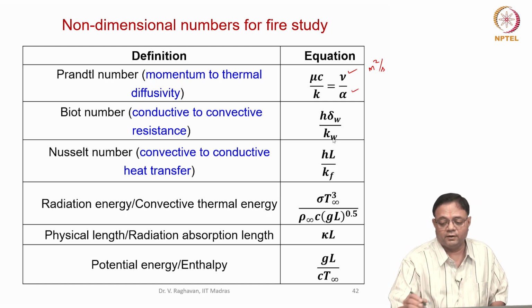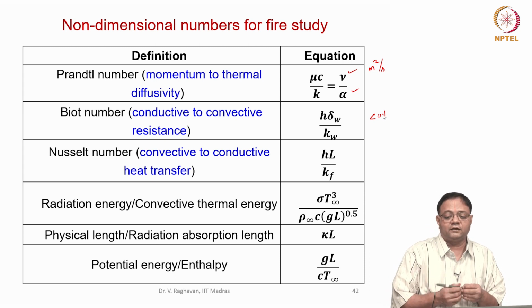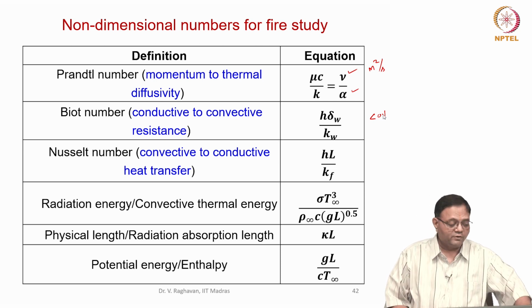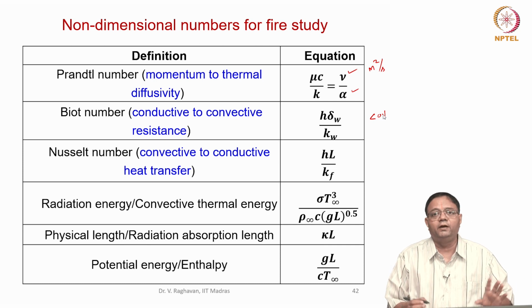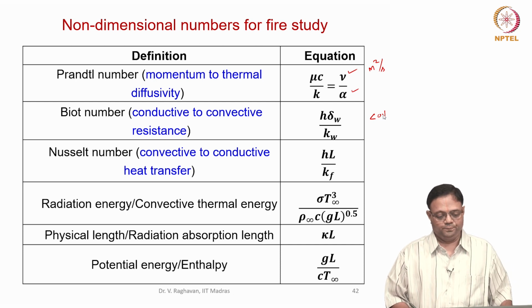And if the Biot number is less than 0.1, then the conductive resistance is almost negligible. That means whatever the surface temperature, the internal temperature also will be almost close to that. That means I need not solve the conduction within the solid.